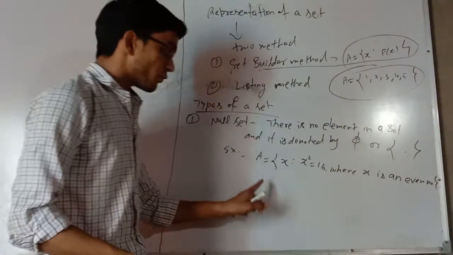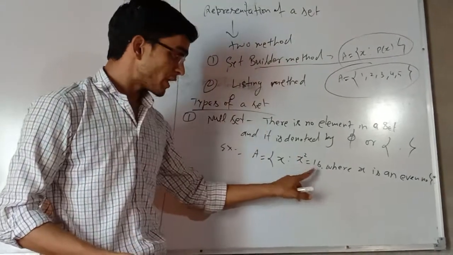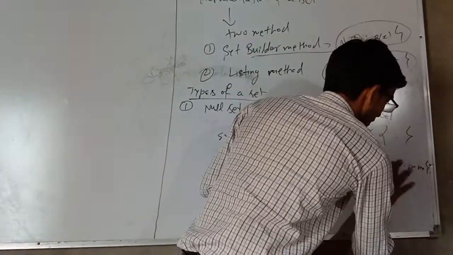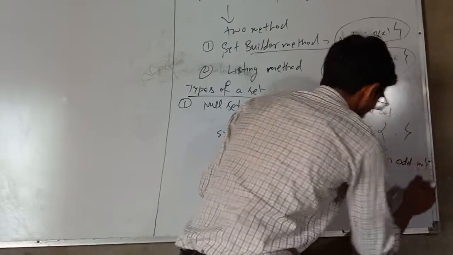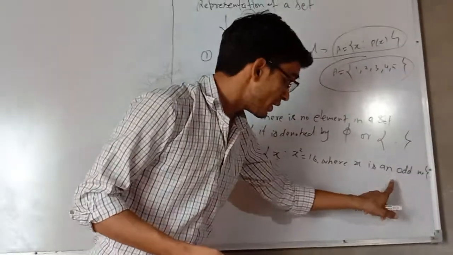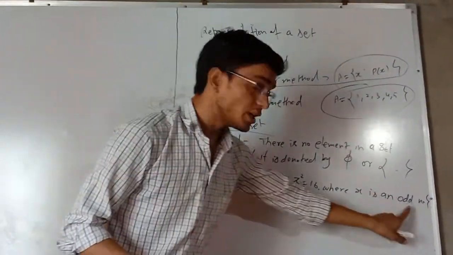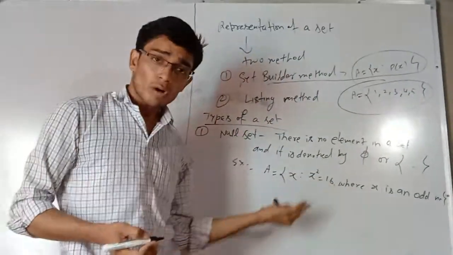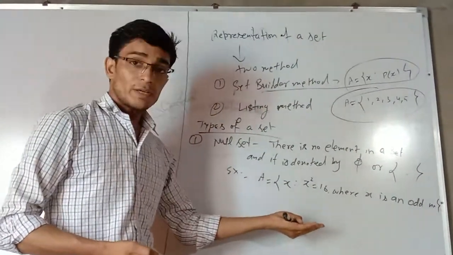So this is a null set. Why? Because for X square, the value of X will be an even number. But here X is an odd number. So therefore it is a null set, because there is no such odd number.